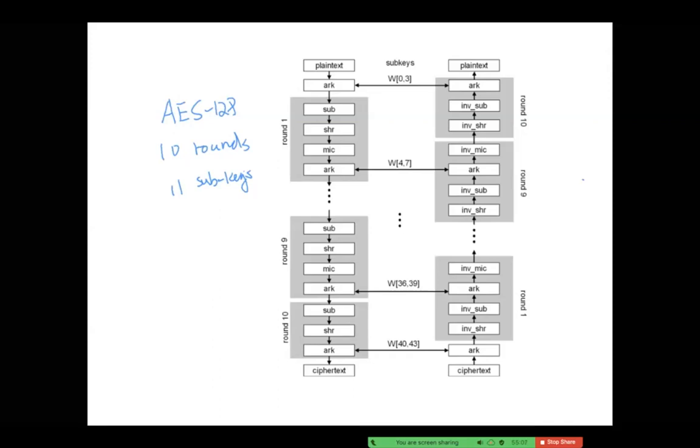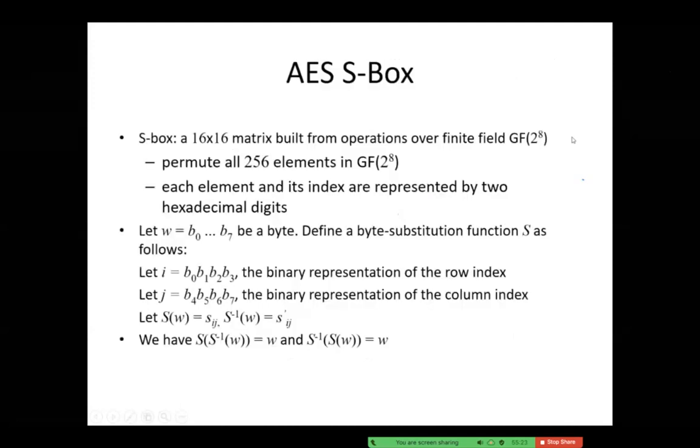So now let me remove this. Okay, so the AES S-Box is a 16 by 16 matrix built from operations over the finite field GF of 2 to the 8th.